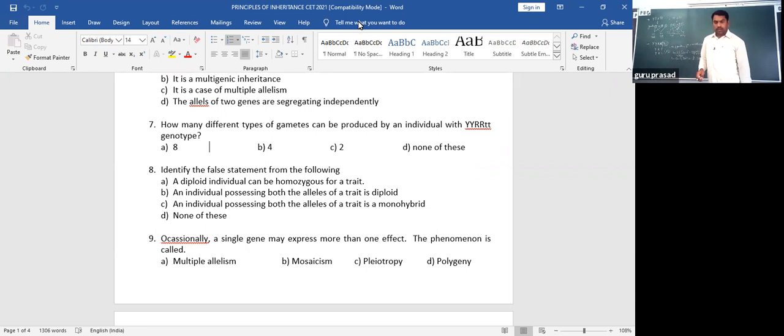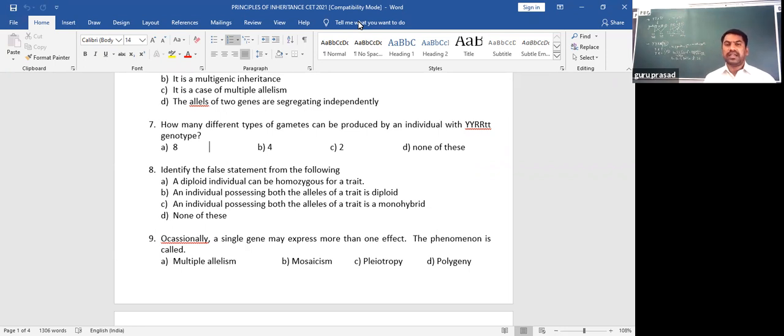Whenever they ask you to answer the number of gametes obtained from a particular genotype, it is a very simple concept. If there are heterozygotes in the genotype, you may obtain more than one type of gametes, of course. If there are no heterozygotes, like in this question, you obtain only one type of gametes.